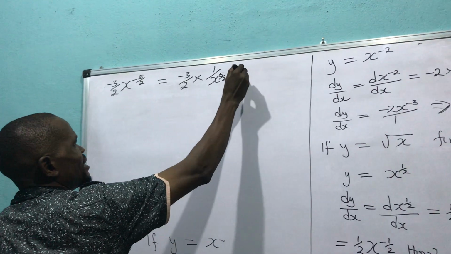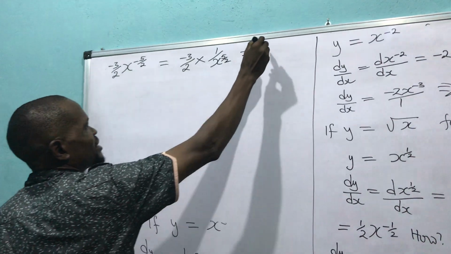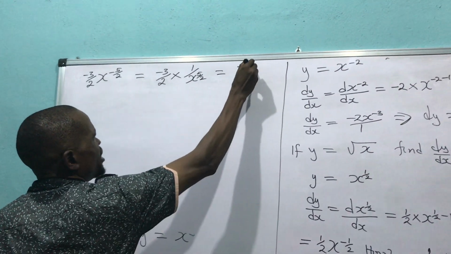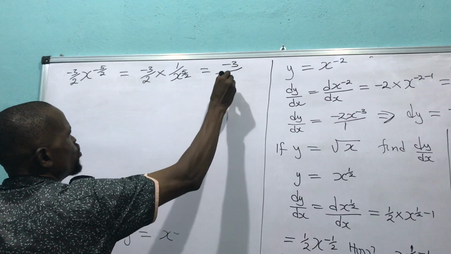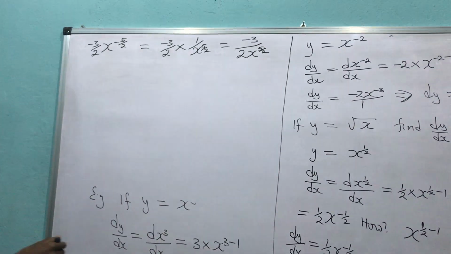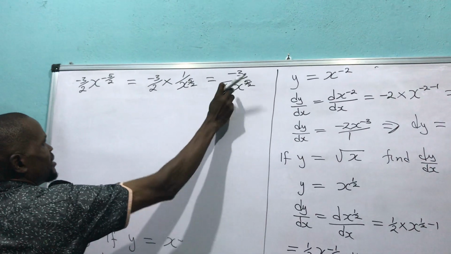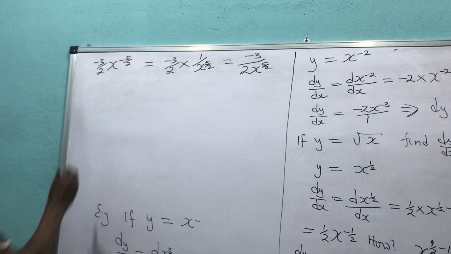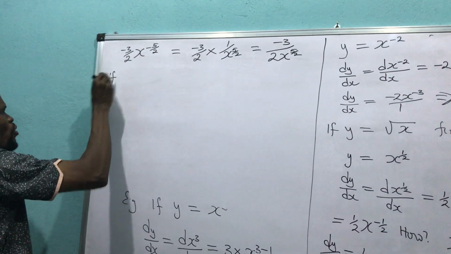And this can be written as minus 3 all over 2 x raised to the power 5 all over 2. That means this can give us this.